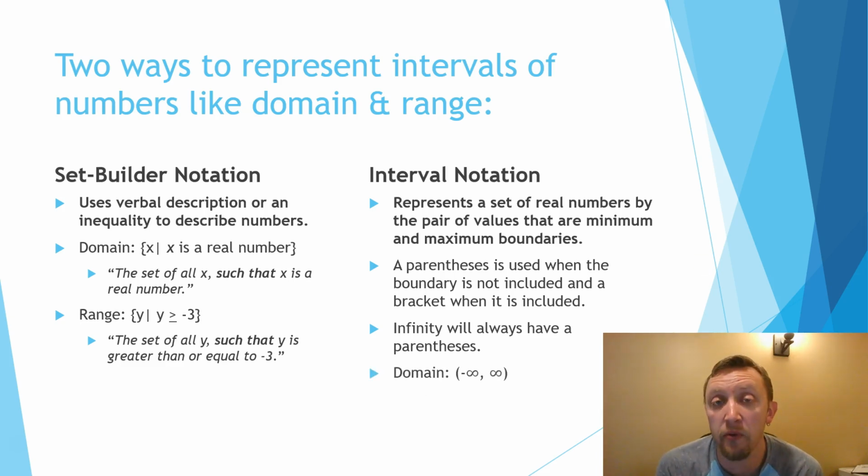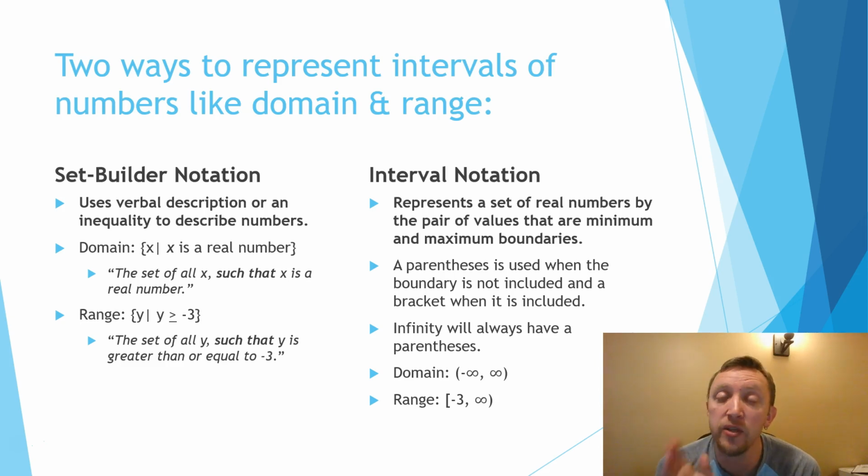So for the example we were just looking at, the domain would be from negative infinity to infinity. In the range, -3 was included. -3 was a point on the graph, so it's part of the range, and we're going to use a bracket there. If we used a parentheses at -3, it means that it starts at -3, but -3 wouldn't be included, which sometimes happens, and we'll see when that happens throughout this chapter.